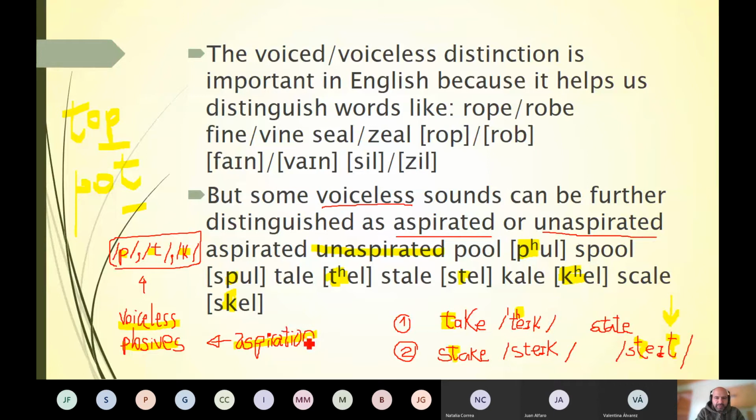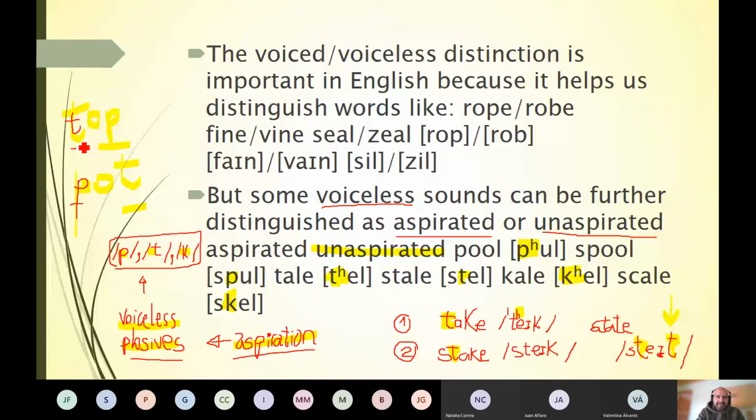When we think about aspiration, we think about voiceless plosives, that is p, t, and k. When these sounds are in the initial position, we call them aspirated, and they sound with a puff of air. For example, here we have top, and we have pot. So t and p in initial position are aspirated, okay? Because there is this extra puff of air coming from the oral cavity.